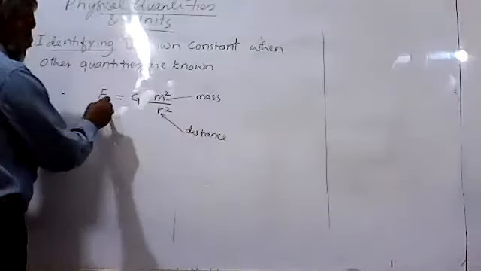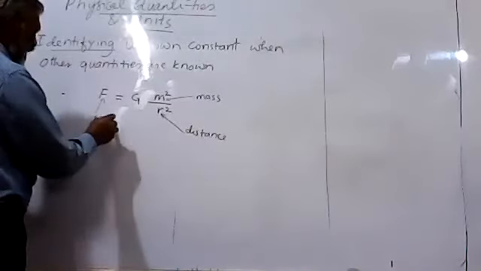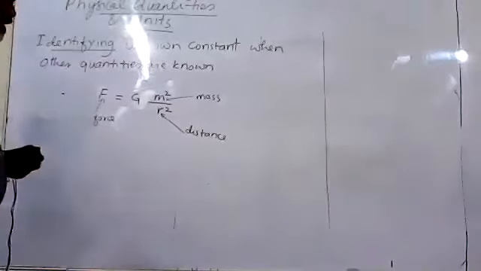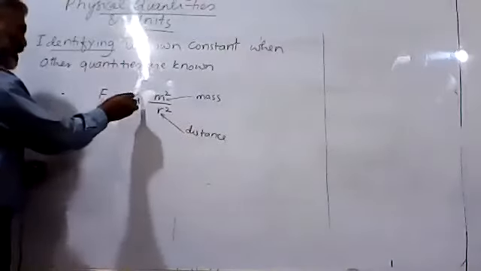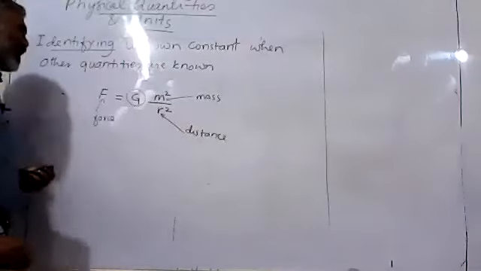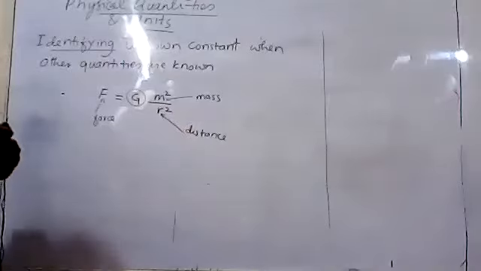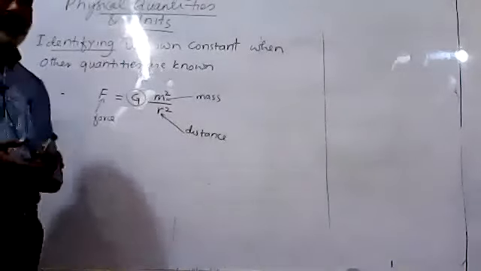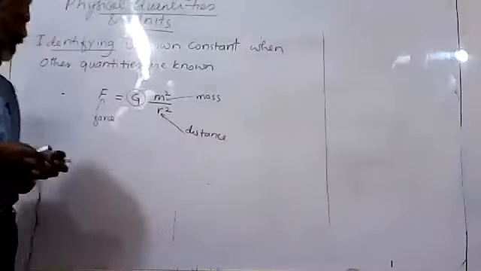This is the force between two masses when they are separated by a certain distance. What is this constant? What are its SI base units? This is the third useful aspect of expressing quantities in SI base units.